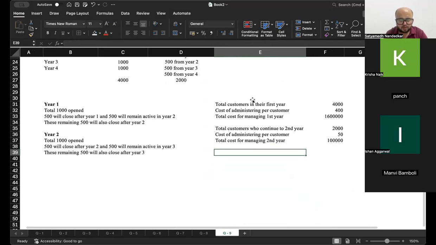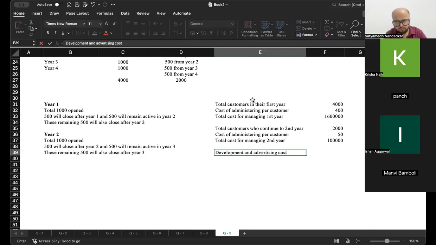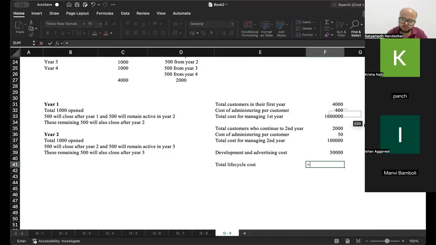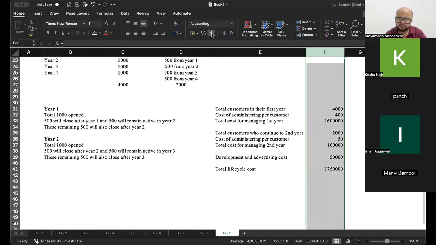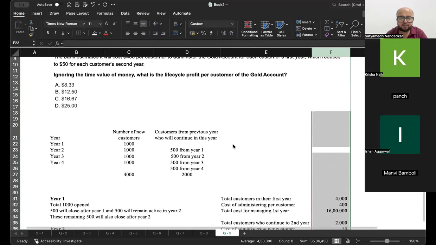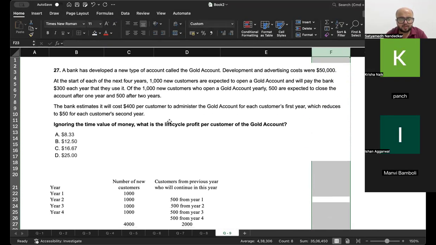Development and advertising cost. 50,000. So total life cycle cost, I believe it is 17,50,000. Let's see if we have missed out on something.